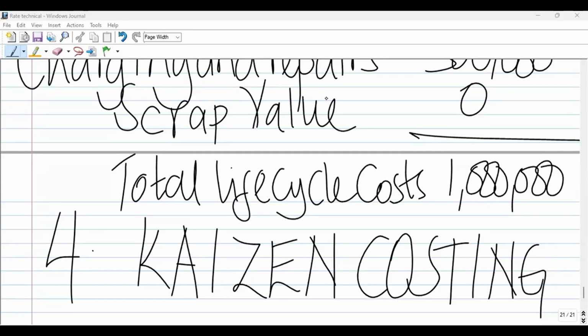KAIZEN is a Japanese term for making improvements to a process through small incremental amounts rather than through large innovations.